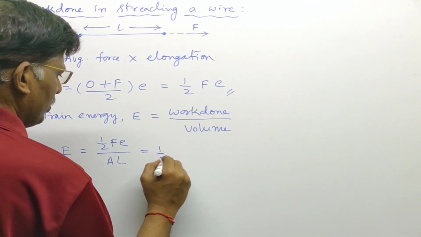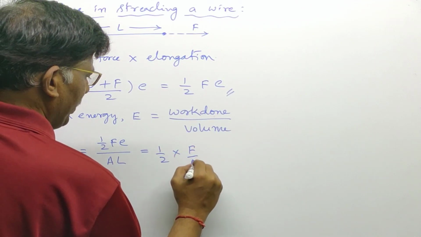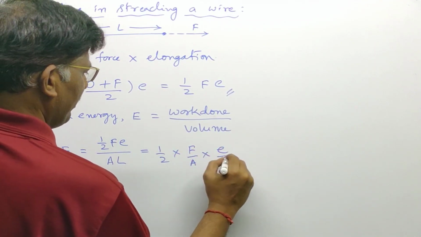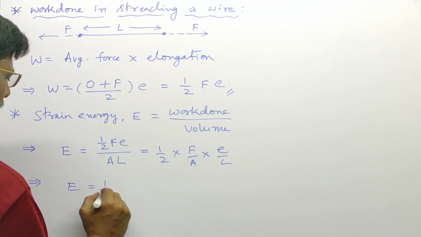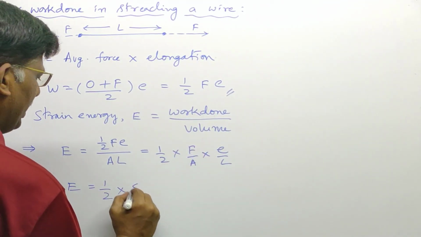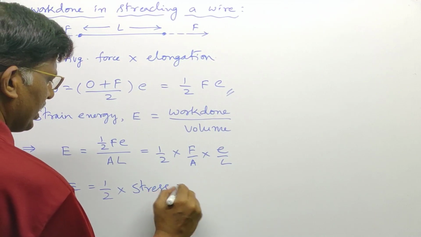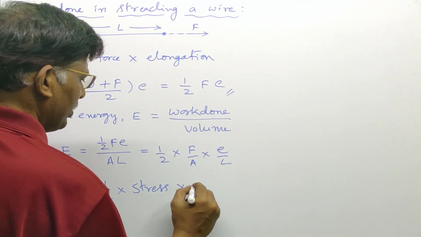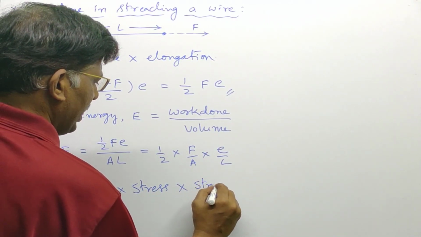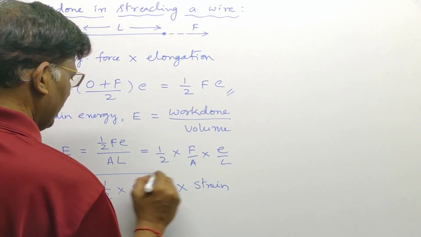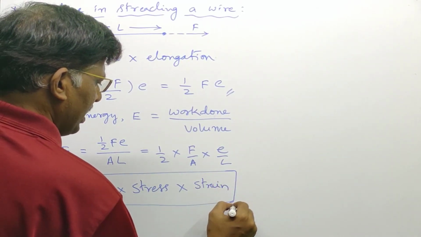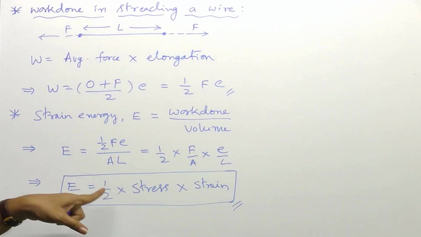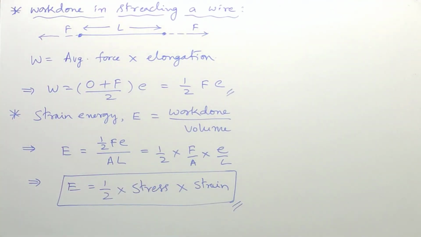That is half into F by A into e divided by L. Here F by A is called stress, and elongation by original length is strain. So strain energy E is equal to half into stress into strain.